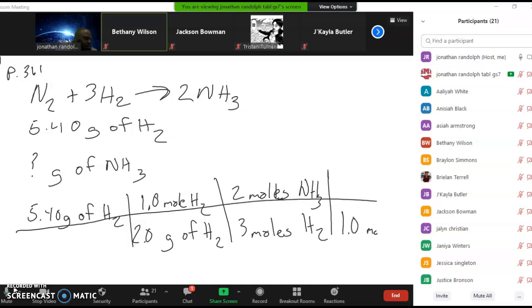1 mole of NH3 has a mass of blank grams NH3. The way we do that is we say, what is the atomic mass for nitrogen? Can someone give that to me?